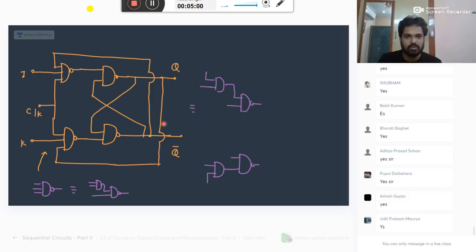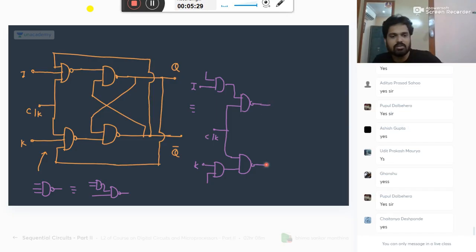So just give those inputs. This is the outside input, next one is named J. This has the clock. Let's make it common, so you join both of them. This will give you clock and K. Just the same figure, only this part is changed.